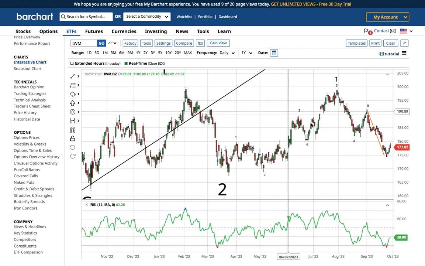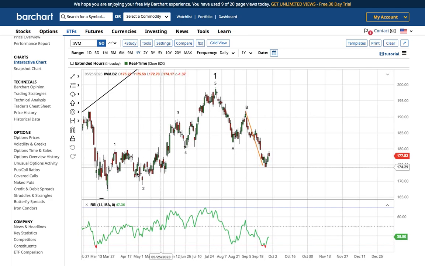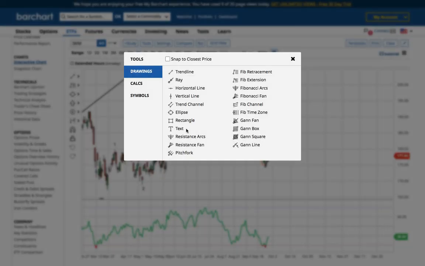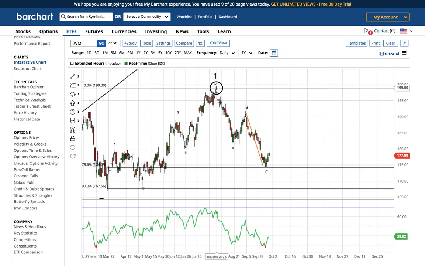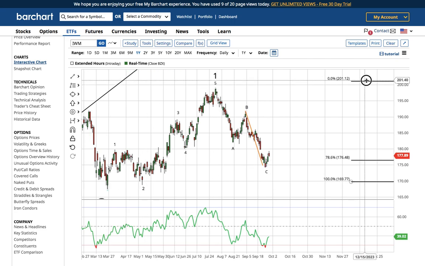But that's an example of using the RSI to find a clear 5-wave subdivision, even though it's not perfect. I think that this does satisfy the other rules of the 5-wave impulse, where you have a 1, 2, wave 3 is the biggest wave, wave 4 retests the wave 1 high, wave 5 is another impulse higher. It doesn't end with momentum divergence. I don't think it's a large wave 5 that occurred. I think it's a large wave 1 that occurred.